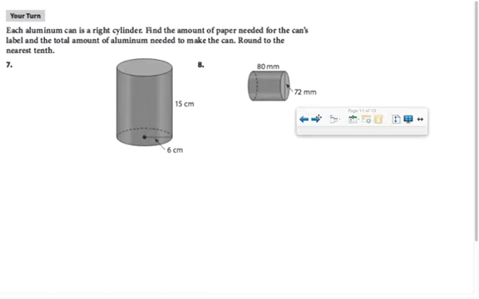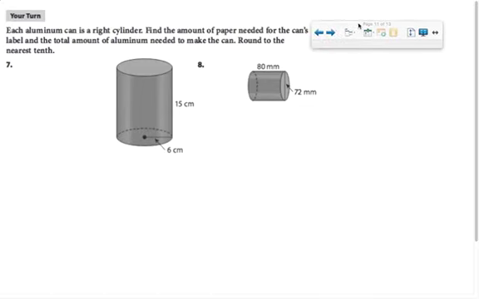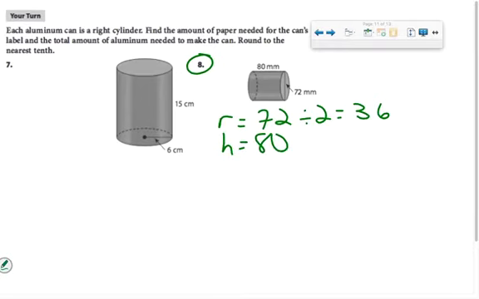Here we're finding the surface area and lateral area. Again, in the interest of time, I'm going to do just one of these. I'll do number 8. They didn't give me the radius, they gave me the diameter, so I know my radius has to be half of that, which is 36. My height is 80, and now I know everything I need to plug into the formula. L is going to be 2 pi times 36 times 80, which is 5760 pi.